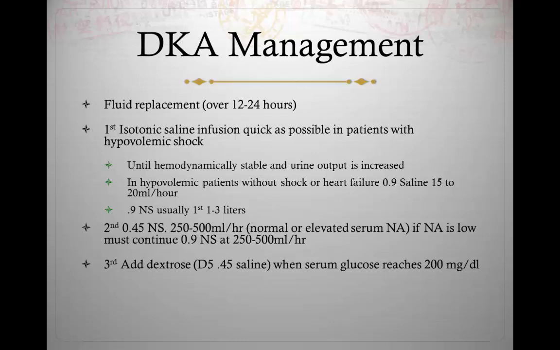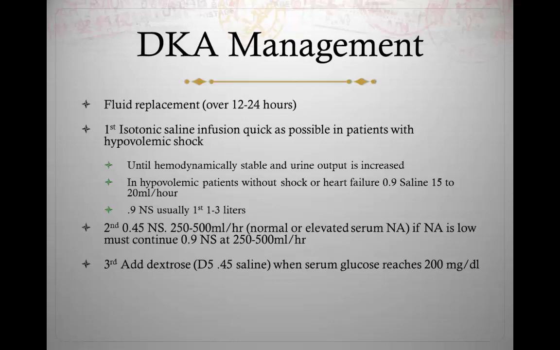And the formula that I recommend, that is also in your book, is at least 1 liter in the first hour, then 500 mLs per hour. Now, if glucose is greater than 500 milligrams per deciliter, instead of using normal saline, you could use half normal saline after the first hour, as water deficit exceeds sodium loss.